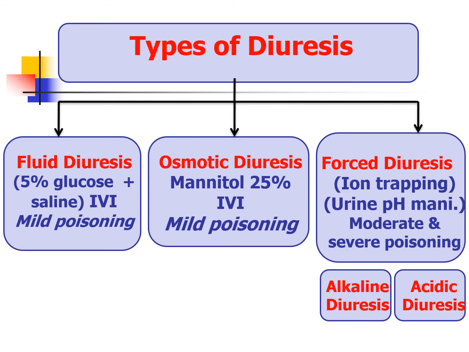However, they found that acidic diuresis is not sufficiently effective in elimination of weak basic drugs and has many complications. So it's not used nowadays and is forbidden, and we will not talk about it.